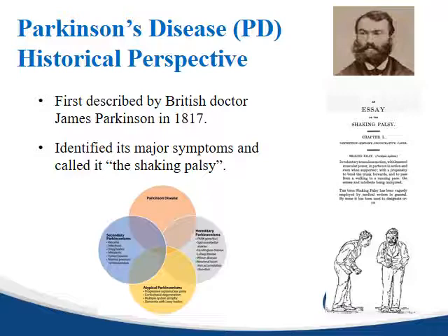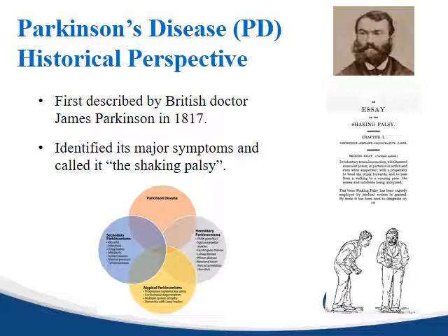He identified a couple of patients who all had common features, with the major symptoms of tremor and shuffling gait. So he called this condition the shaking palsy, and wrote a paper.